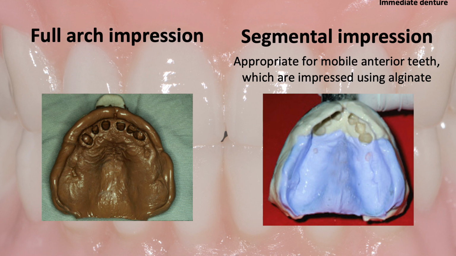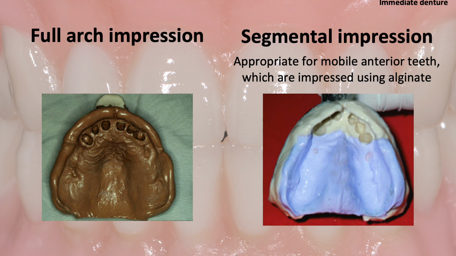So if you're extracting all teeth, usually you'd be fine with making a full arch impression. Oftentimes, though, patients will have periodontally compromised teeth, especially the anterior teeth, which they don't want to let go yet.